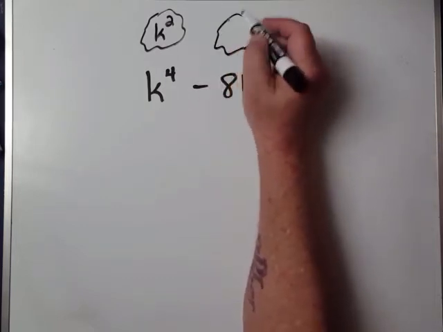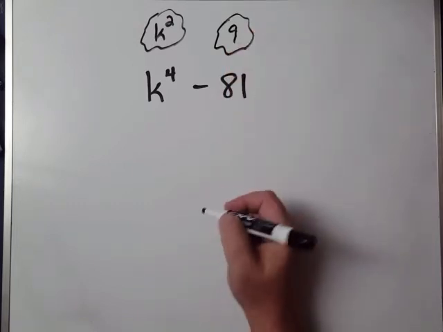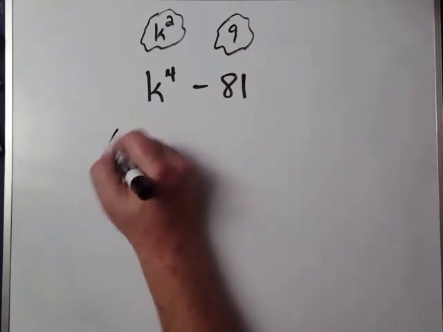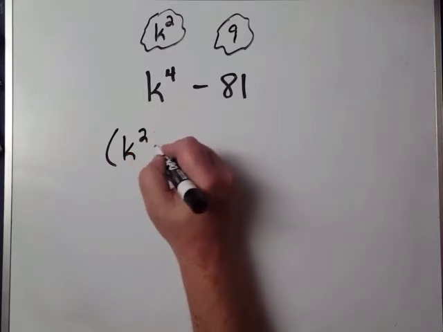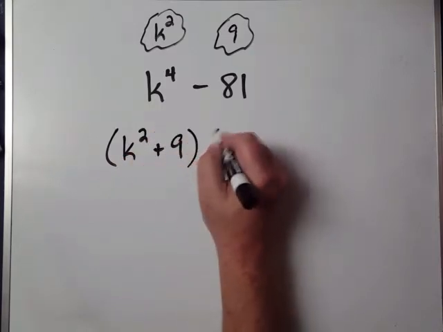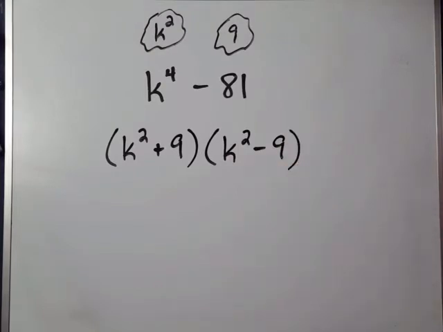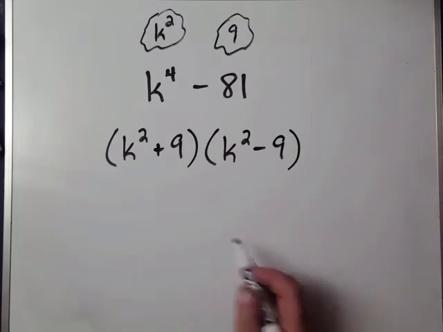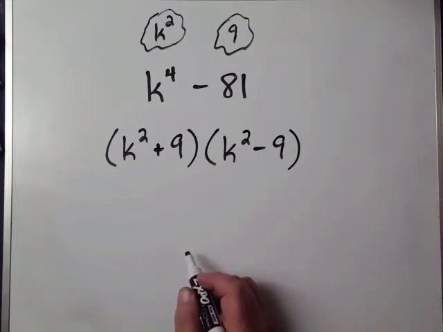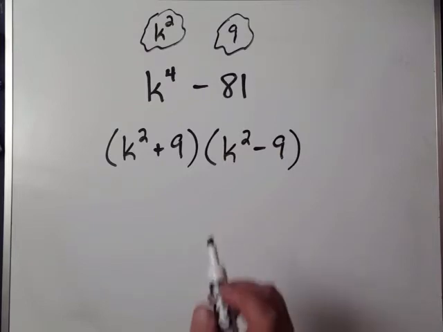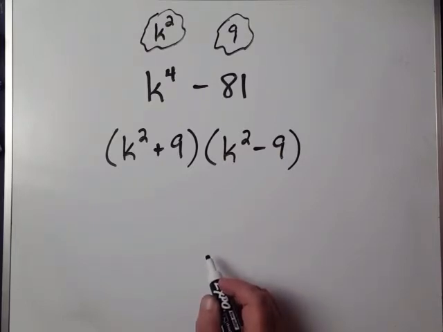81 is a perfect square. It is the square of 9. And so this will factor as the first plus the last times the first minus the last. Are we done? Is this factored completely? The instructions read factor, which always means factor completely.